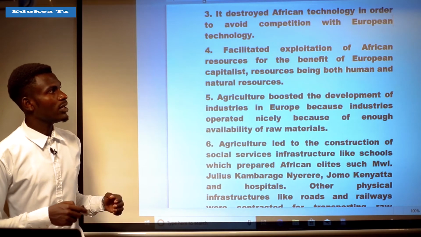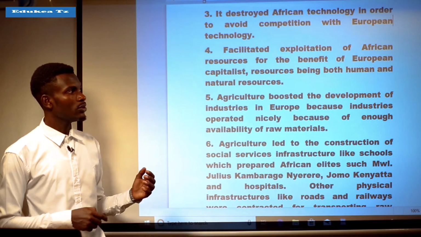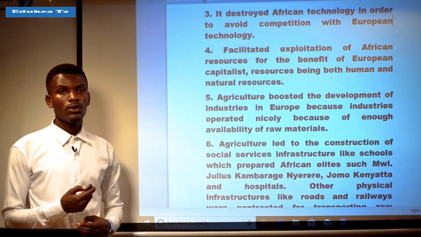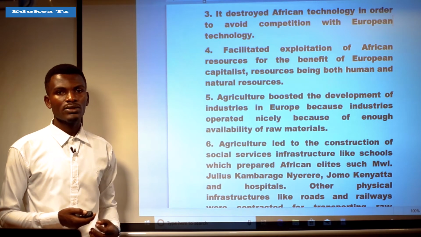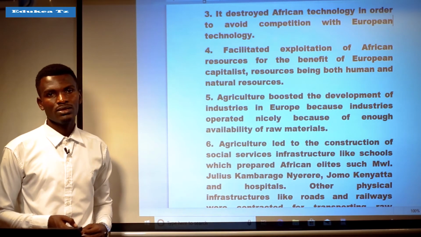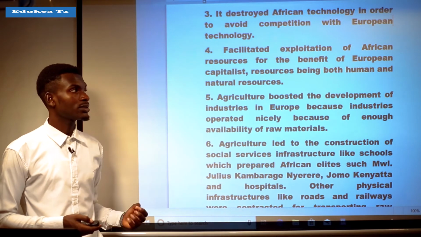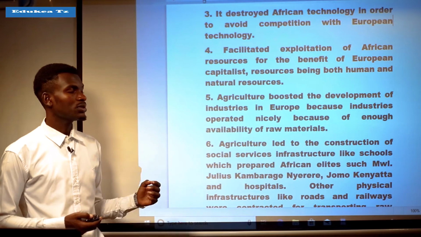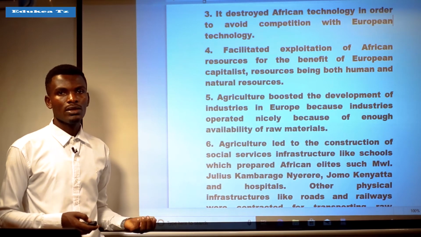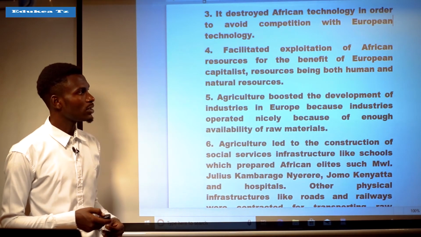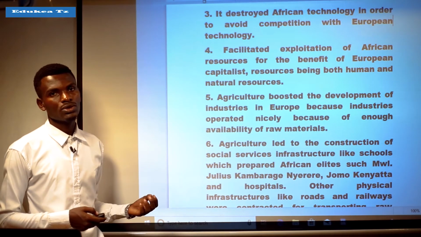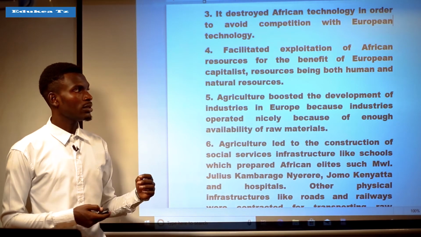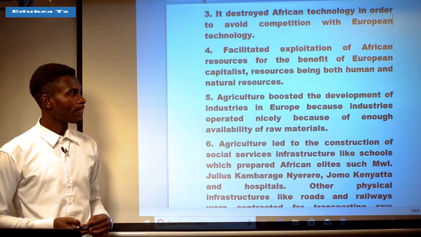For example, the people of Africa were forced to work on the plantations and farms established by the colonialists, and natural resources like minerals such as diamond, copper, silver, gold, and others were exploited by the European capitalists.